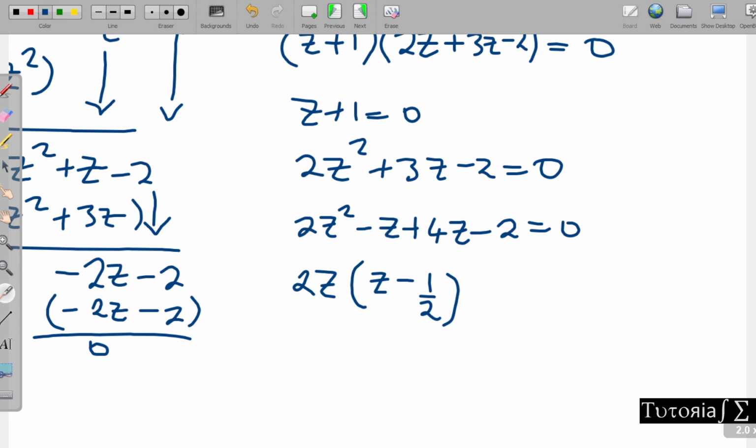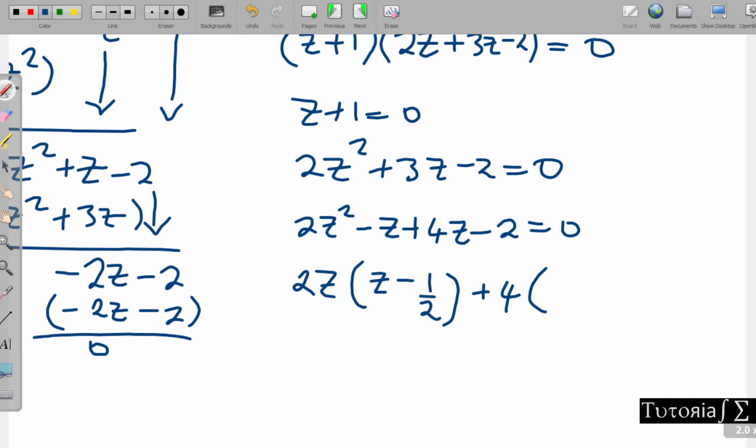Then here, we're factoring out 2, so we have 4 here. We want the coefficient of z to be 1. Always make sure that the coefficient of whatever variable is 1. So here we're also factoring out 4, so that this and this are uniform.